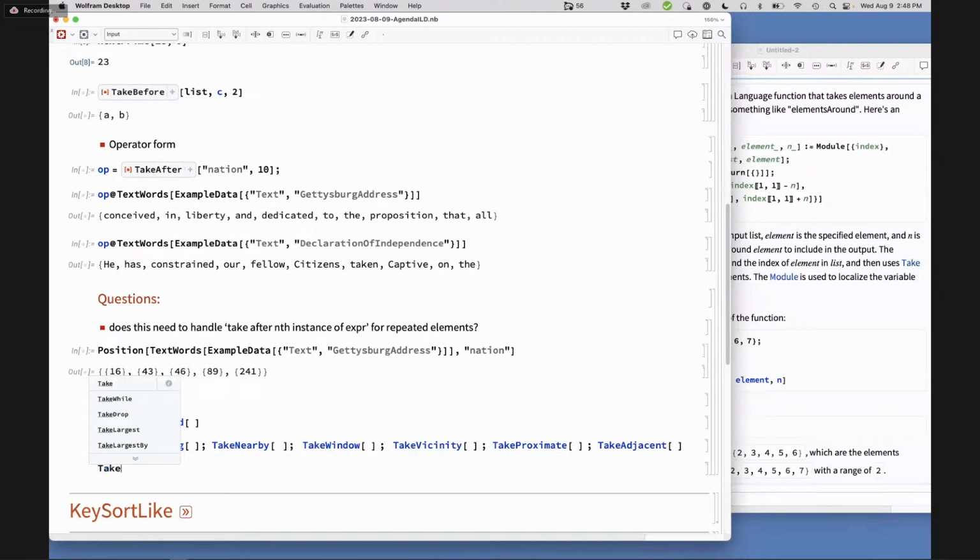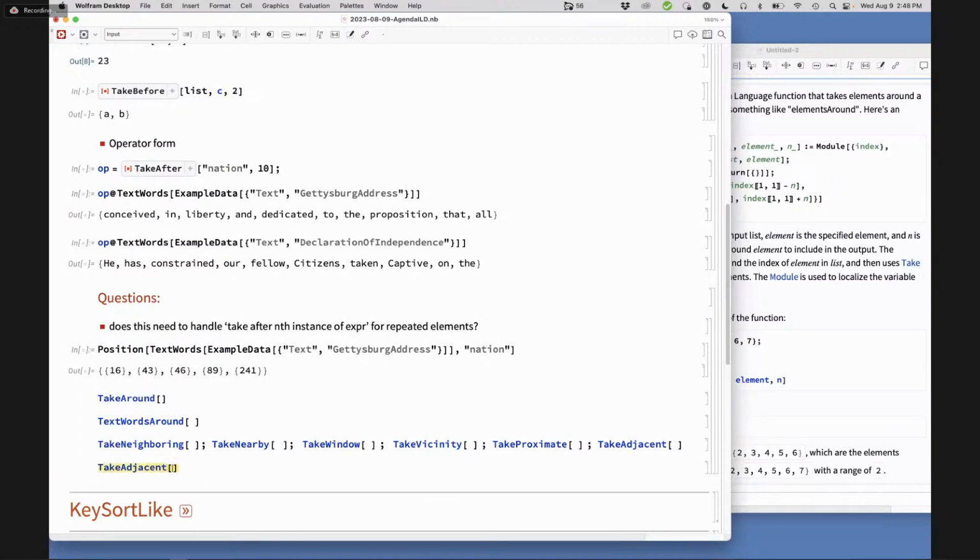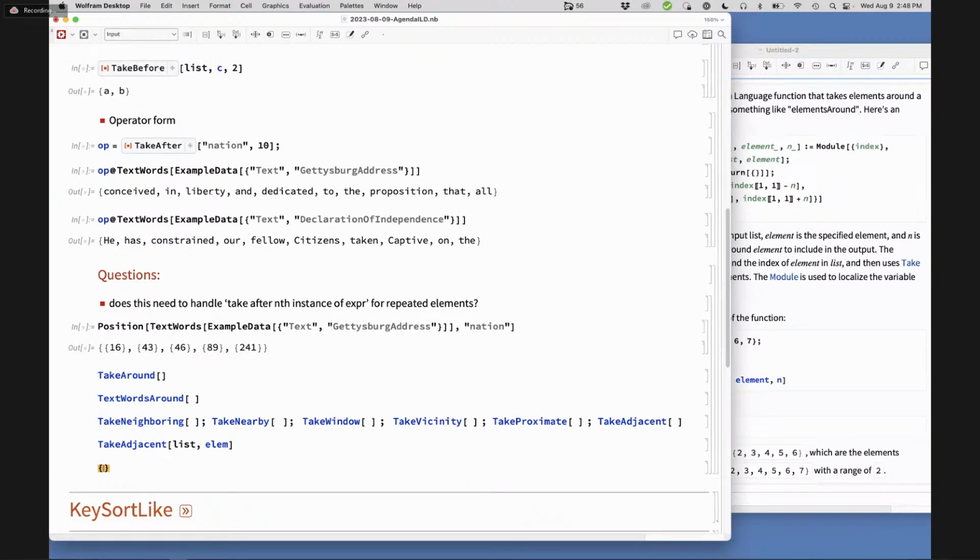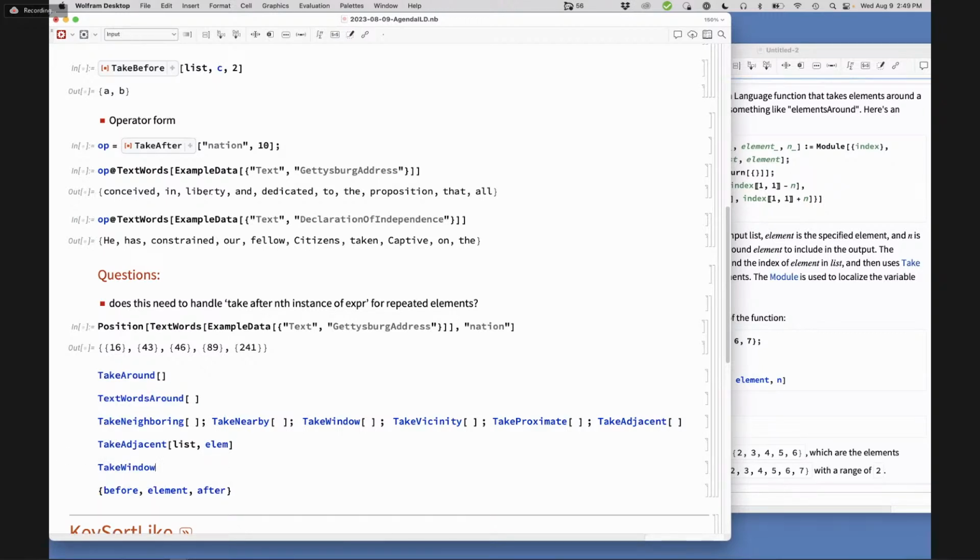Let's look at what it does. So let's say a list, an element, and see, the problem is what we would like it to return here is probably the before, element, after, which kind of makes it seem like take window is not the worst name.